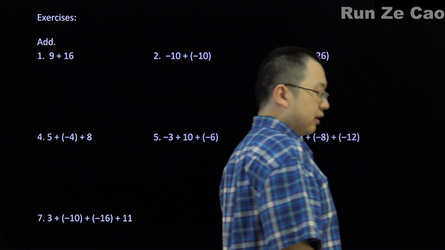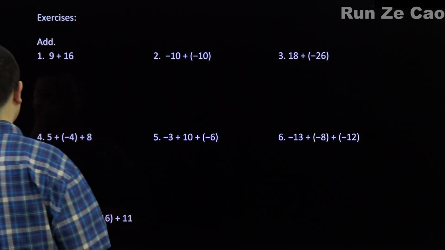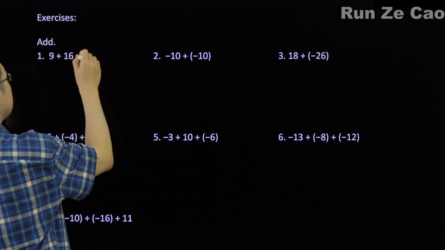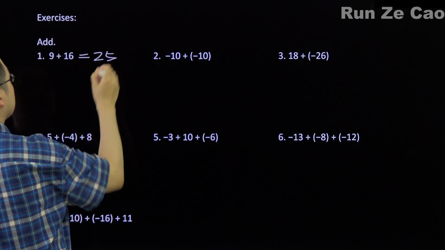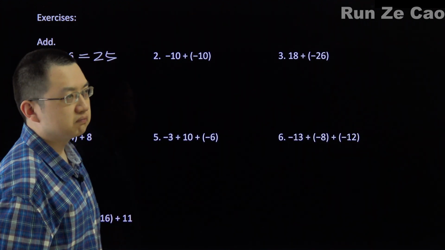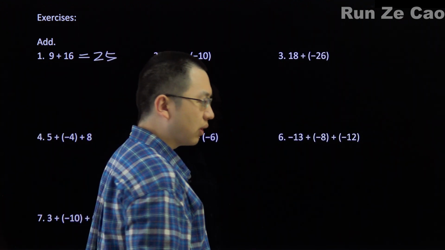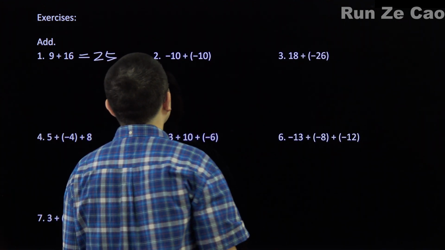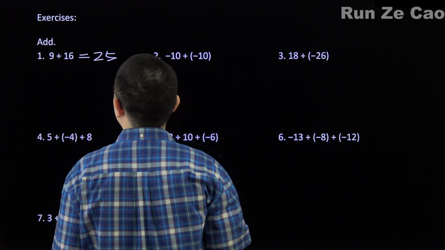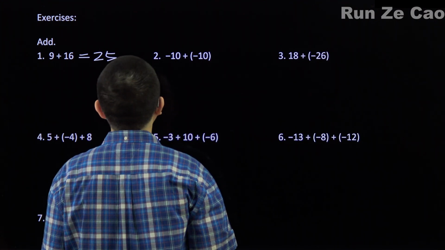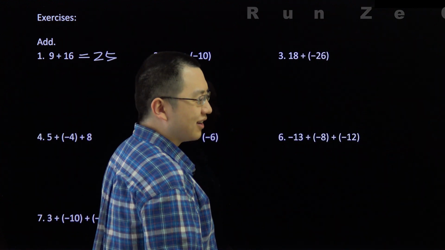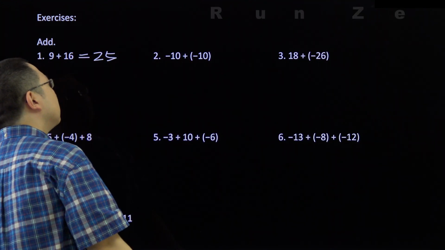Exercises. Add. 9 plus 16 is, of course, 25. I mean, this is, what, grade 2 math? Grade 1, maybe? Depending on where you live. Because as far as I understand, in China, this was grade 1. But in North America, I think it's grade 2.